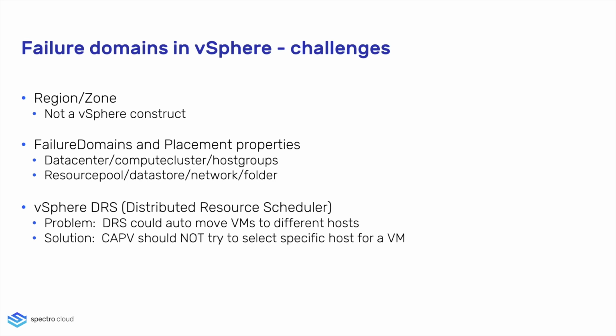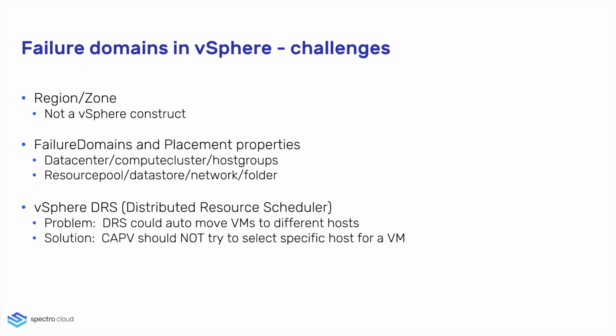And thirdly, the vSphere DRS, which is the distributed resource scheduler, could automatically move the VM around during the event like host failure or inside the maintenance windows. So the placement that is done by ClusterAPI needs to make sure that it will not conflict with the DRS.